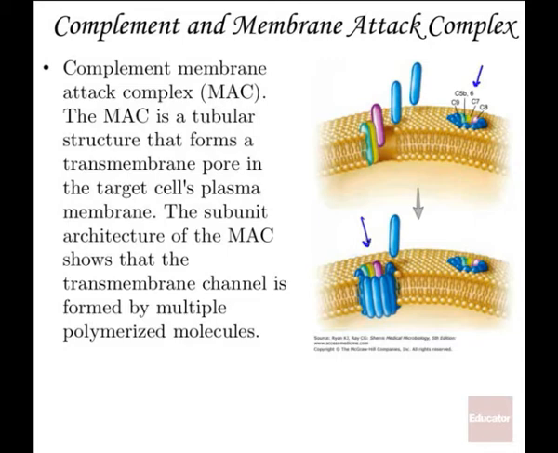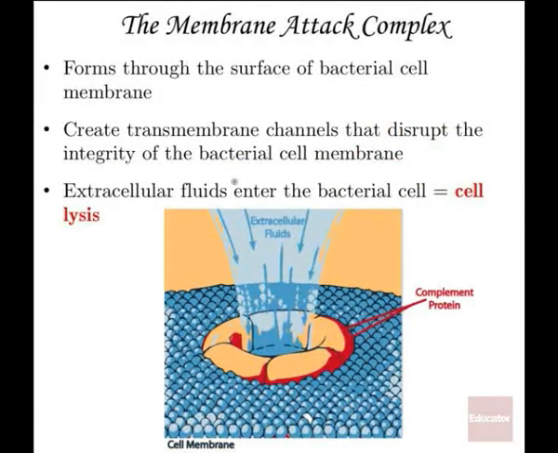Once the different complement proteins encircle this whole area, we get the formation of a channel or a transmembrane pore. That pore is where extracellular fluids pour into the cell, and then we get cell destruction as a result. So this is one of the ways in which complement can directly destroy a pathogen.